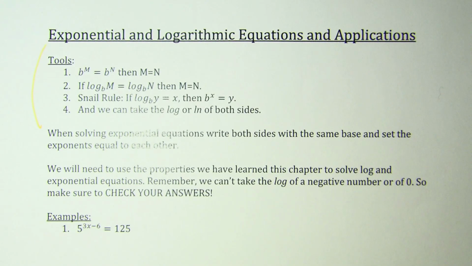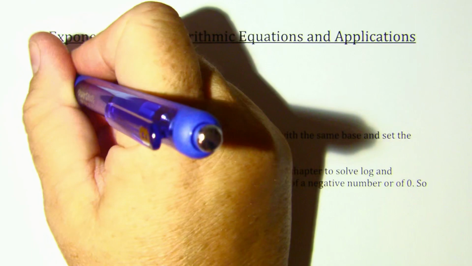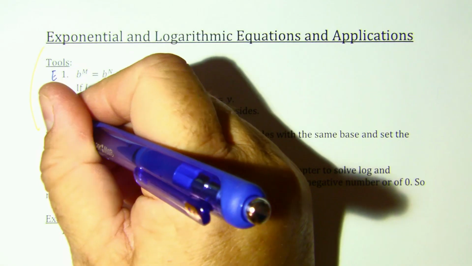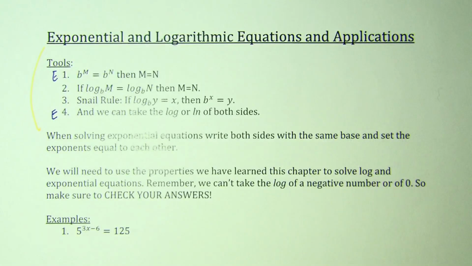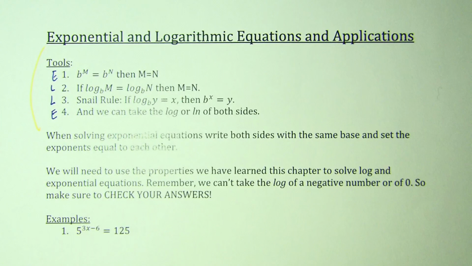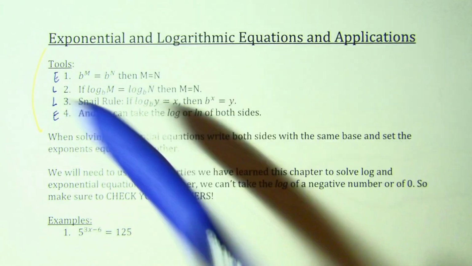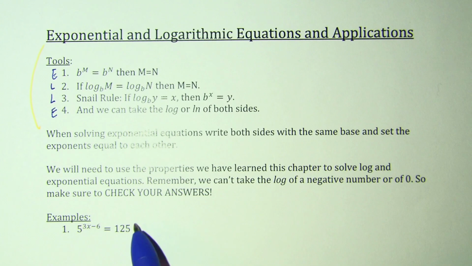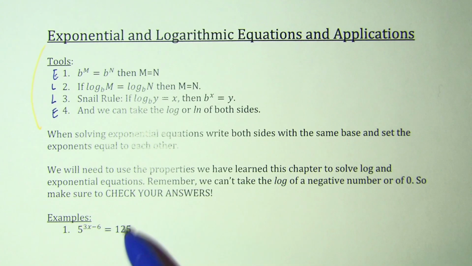Now, this first one is for exponential equations, and then this last one is for exponential equations, and then these middle 2 are for log equations. So if we have an exponential equation, that's something like this here, where we have something to a power and something, and it could also have a power here, or it could just be a number.